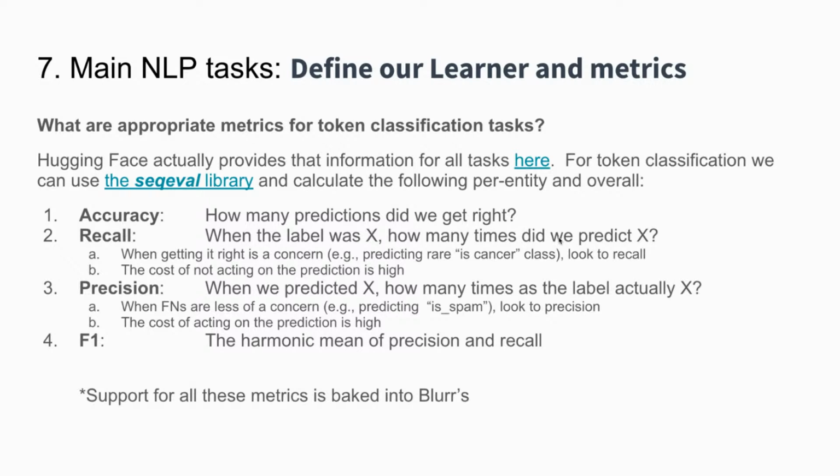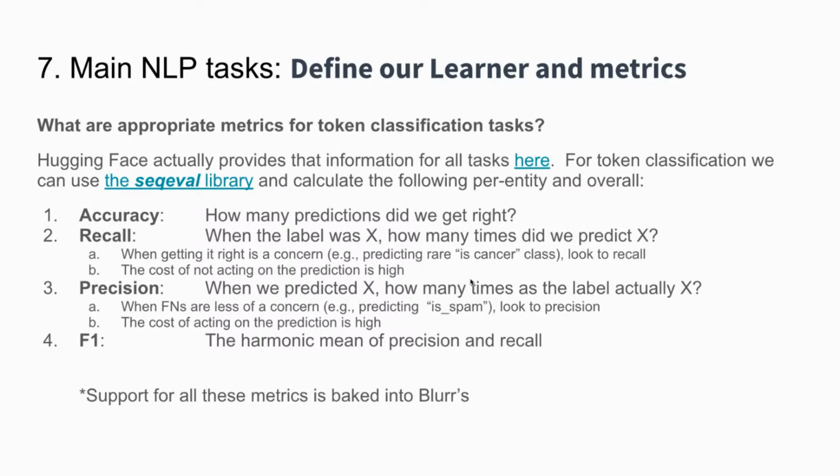So if that's important to you, then look to recall. And a good way of thinking about it, recall is important when the cost of not acting on the prediction is high. So obviously, if you miss is cancer, you might have great accuracy, but that's going to be really bad for your patient. So the cost of not acting on the prediction is high.